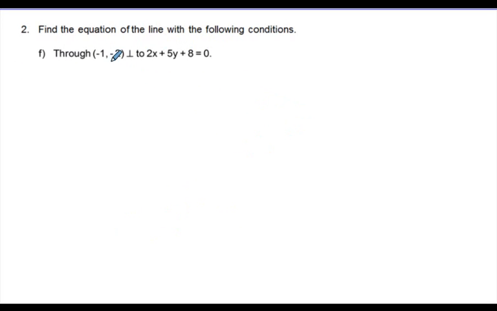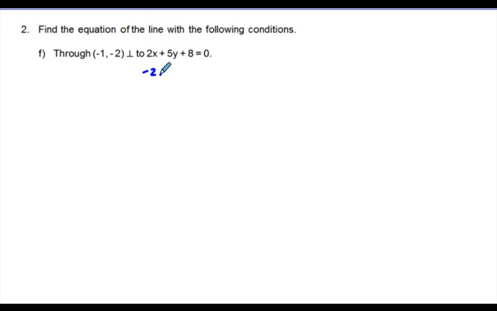Okay, next. F. Now we have this thing right here, through (-1, -2), and this means perpendicular, this little t thing, to 2x plus 5y plus 8 equals 0. So to find the slope of a perpendicular line, we're going to need to find the slope of this line first.